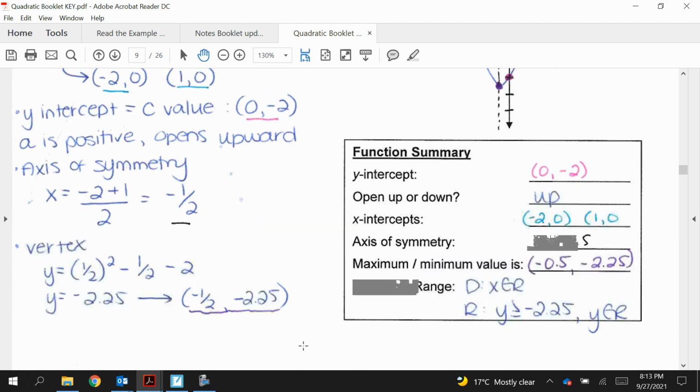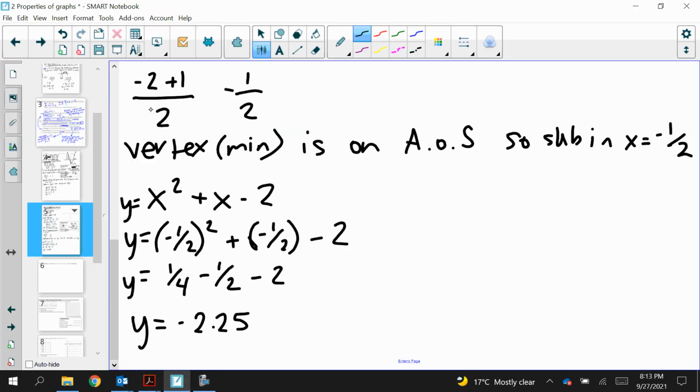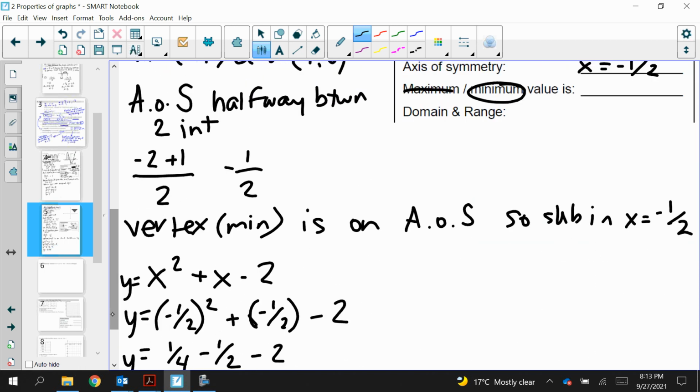Yay, I did it. So y equals negative 2.25. So our minimum value is at x equals negative 1/2, y equals negative 2.25, 2 1/4.